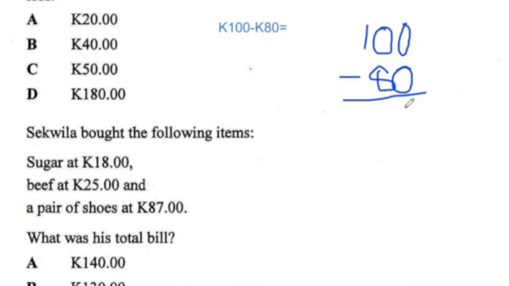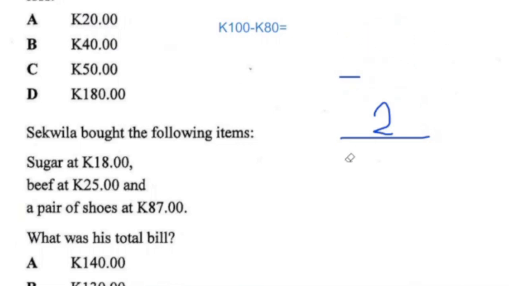So 0 minus 0 gives 0. Then 0 minus 8. We can't take 8 from nothing, so we borrow 1 and put it to the 0 and it becomes 10. So 10 minus 8 will give us 2. That is the answer, which is 20. The difference of 80 and 100 is 20.